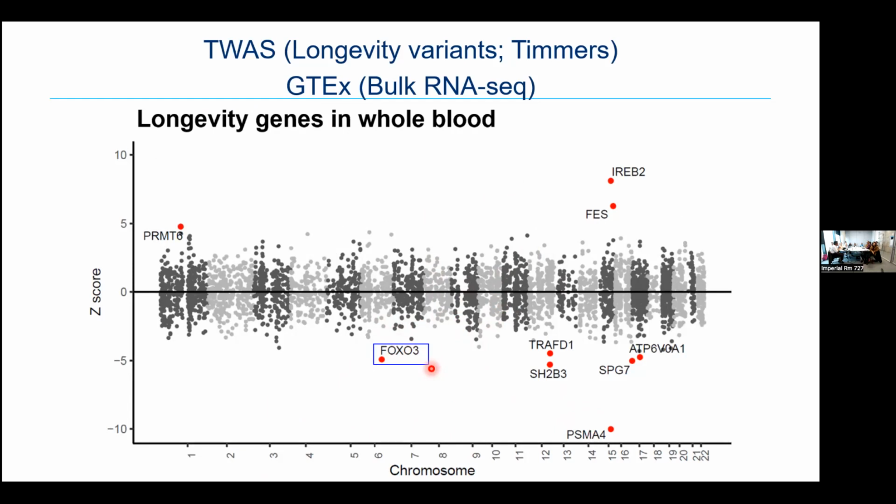This is a transcription factor downstream of insulin-like signaling, and it's been long studied by people like Cynthia Kenyon and Linda Partridge, whereby lowering insulin-like signaling in worms and flies causes activation of FOXO3, and that activates antioxidative stress mechanisms to contribute to increased lifespan of worms, flies, and it looks like the same is happening in mice as well. So it was nice to see this age-associated gene coming out as a significant hit here.